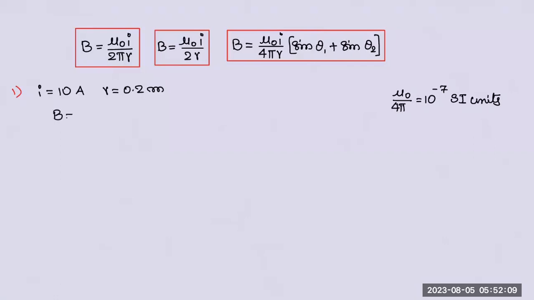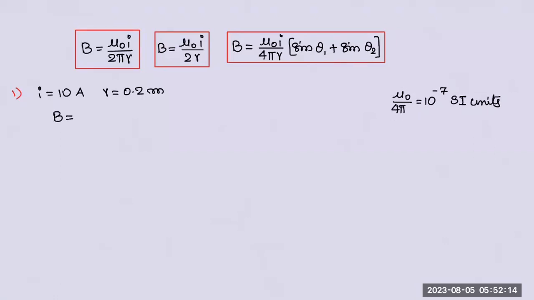Magnetic field due to an infinite long wire is mu naught I by 2 pi R. Multiply numerator and denominator by 2, you will get 2 mu naught I by 4 pi R. Mu naught by 4 pi is 10 power minus 7. So 10 power minus 7 into 2 into I, I is equal to 10 ampere, by R, R is equal to 0.2.